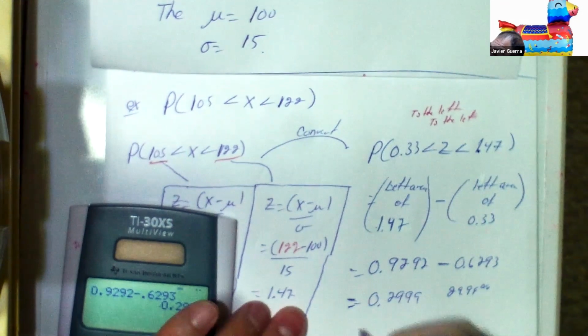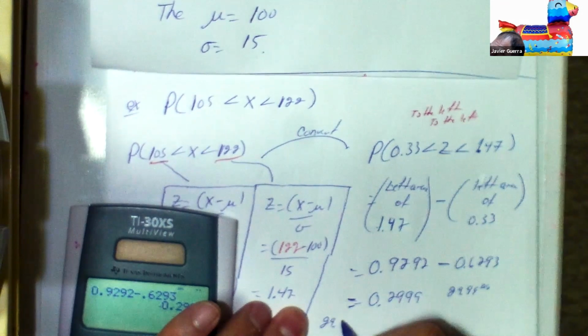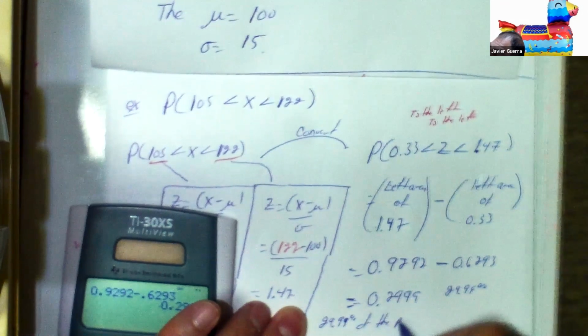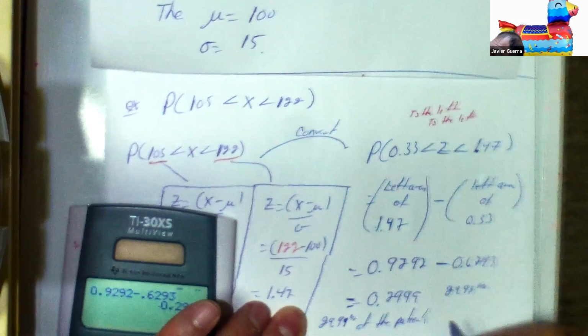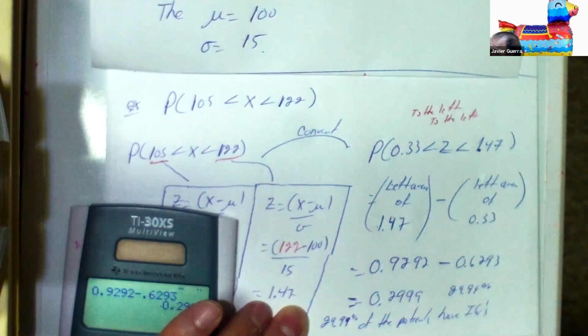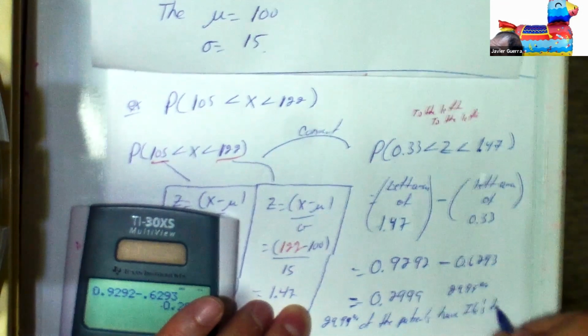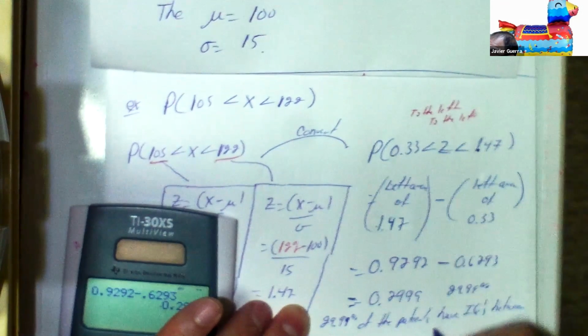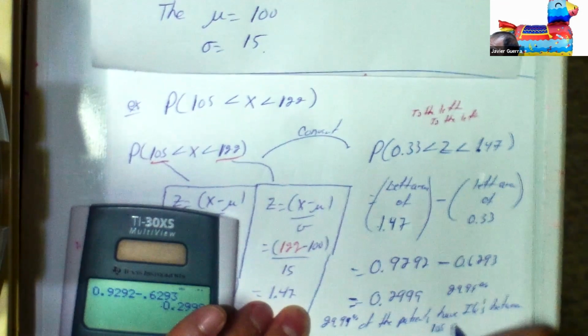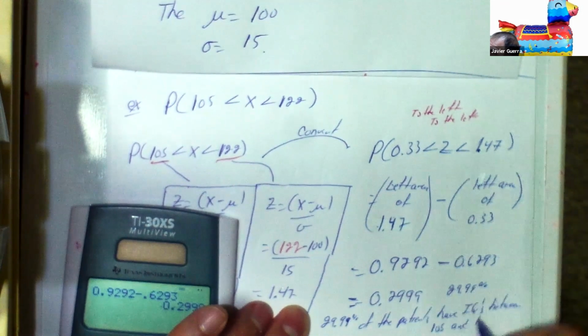So 29.99% of the patients have IQs between 105 and 122.